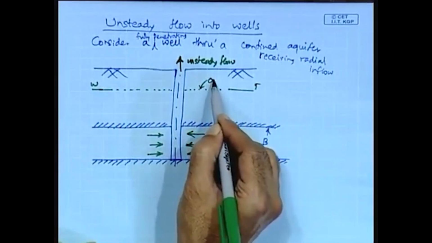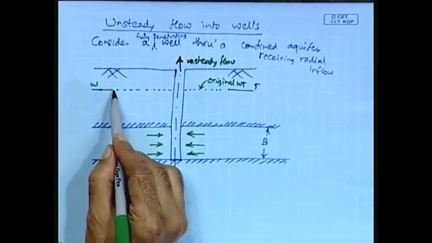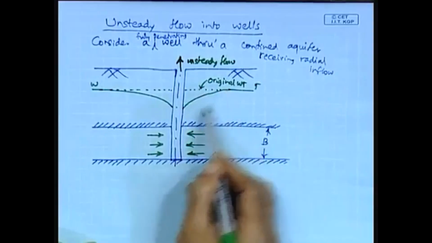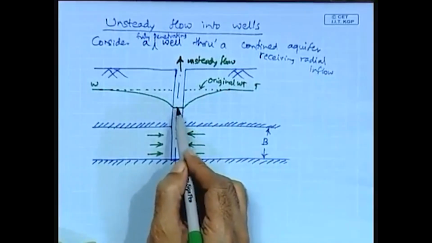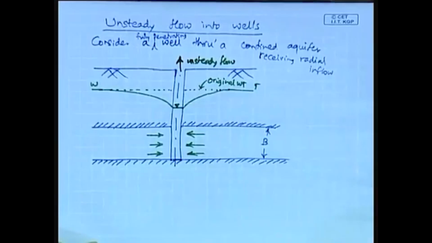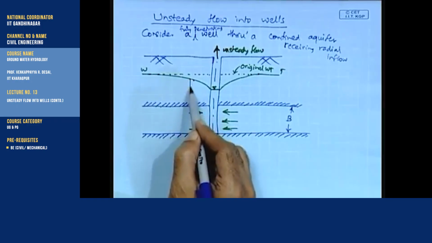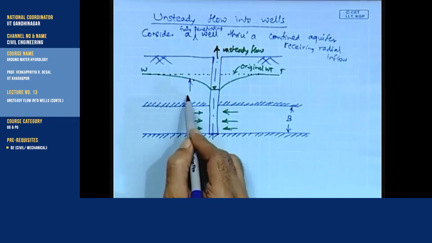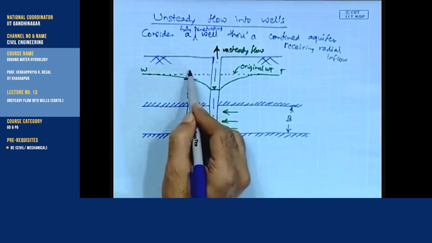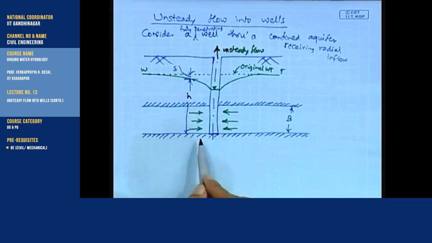So, this is the original WT, and then this is the drawdown, and at a distance for a general section, the drawdown is S, and the height is H.